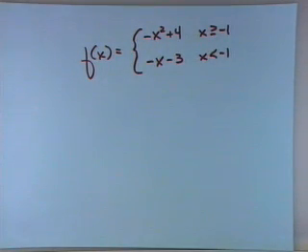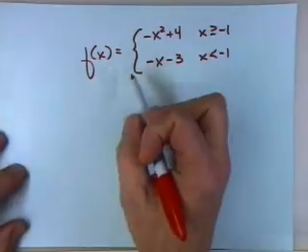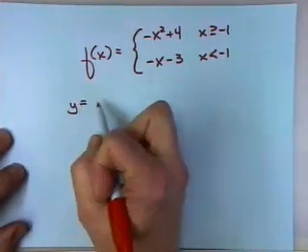So it looks like it's part of a parabola for a while and part of a line for a while. And it looks like where that transition takes place is, well, you tell me. Where does it transition from a line to a parabola? -1. At -1.